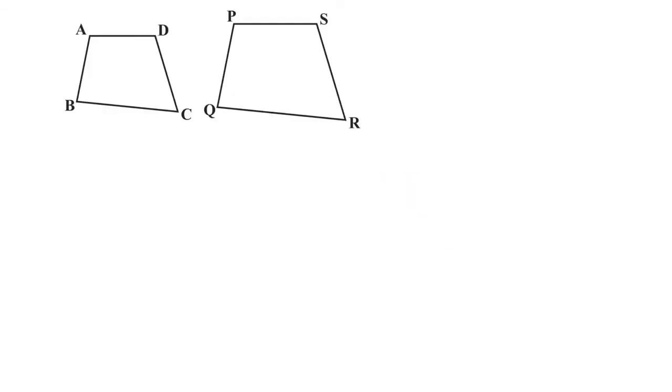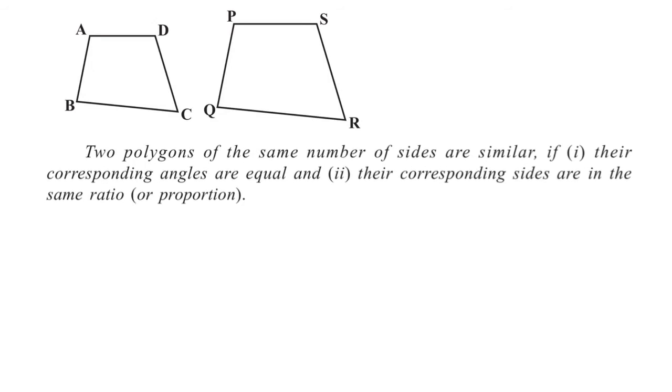What about these quadrilaterals? Are they similar? They have the same shape, no doubt. They appear to be similar, but they may not necessarily be. So there must be a definition to find out whether two figures are similar or not. The definition is: two polygons of the same number of sides are similar if their corresponding angles are equal and their corresponding sides are in the same ratio.